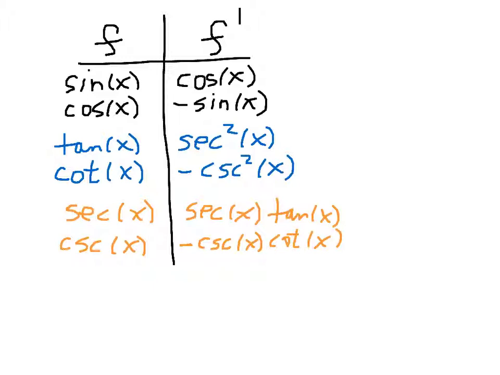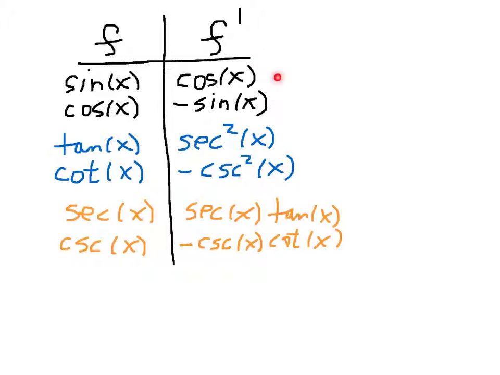Okay, so to summarize what we know and to write down simply what we could have shown, here we have all the derivatives of the trig functions. Derivative of sine is cos, derivative of cos is minus sine, derivative of tan, derivative of cotan, and these two you can easily show by, again, using the quotient rule. And what I ask you to do is notice the way I have color-coded these.